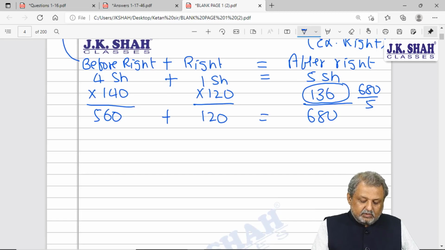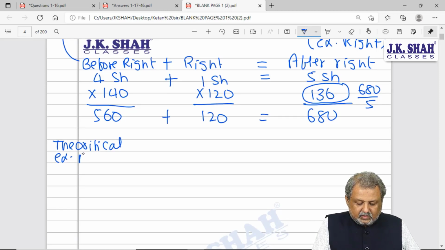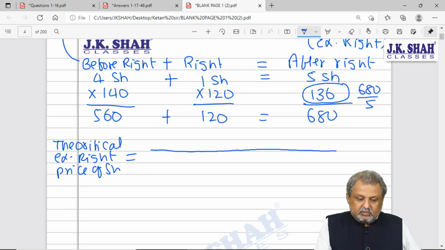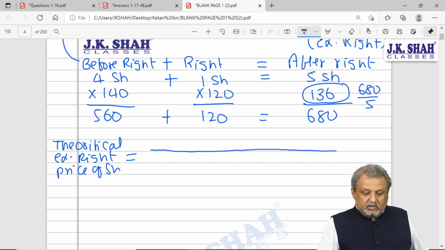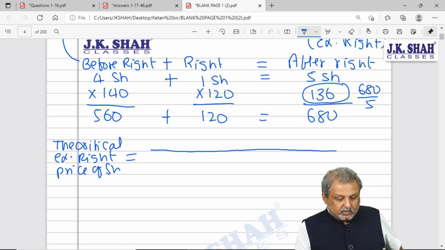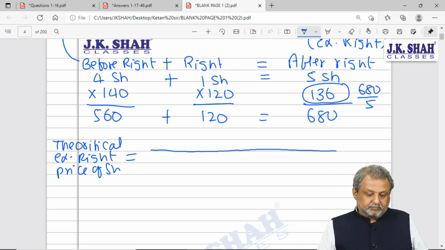But the same thing you can write by way of formula. Theoretical X right price of share. What is that?